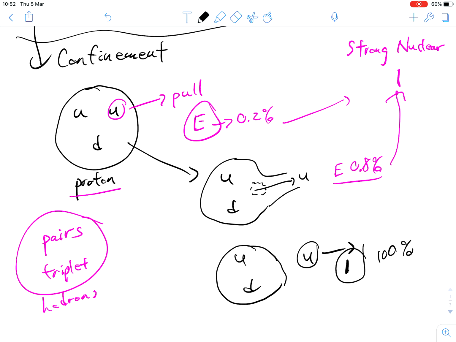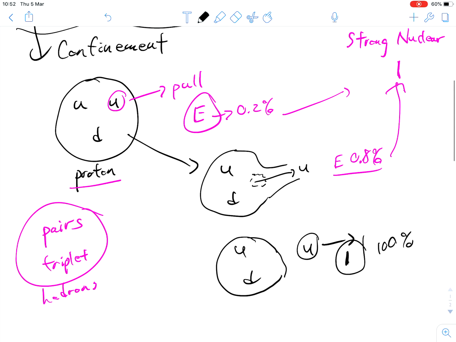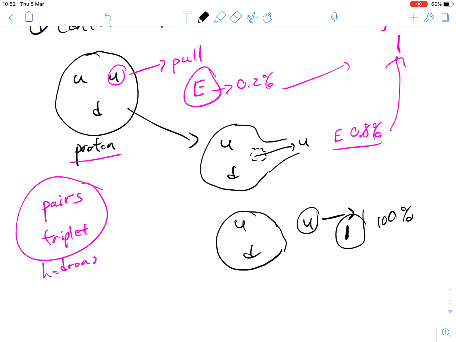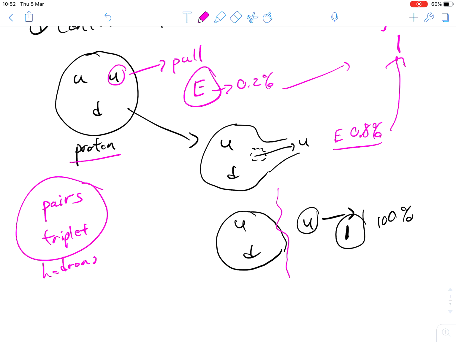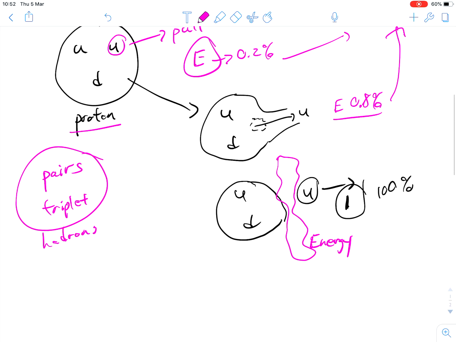Now, the interesting thing is the following. When we exert the same amount of energy as the strong nuclear force, there is a massive buildup of energy. Think back to one of the fundamental equations, E equals mc squared: energy can be converted into mass.